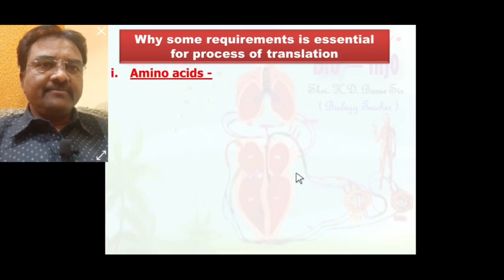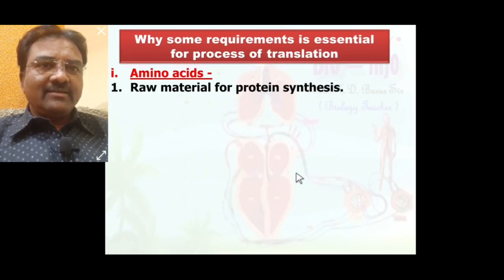Now, why is each requirement essential for translation? Number one, amino acids. Why are they essential? Amino acids are the raw material for protein synthesis, because amino acids are joined one another to form a polypeptide chain or protein.